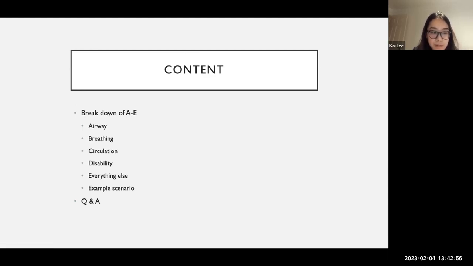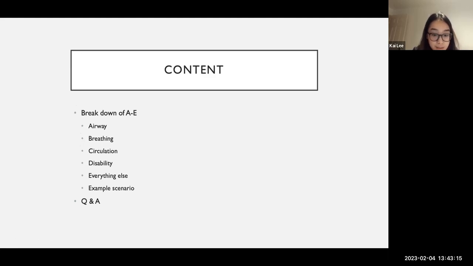Then we move on to breathing. This is when you give the patient the oxygen required to maintain a good oxygen saturation, and consider requesting investigations like a chest X-ray or ABG.